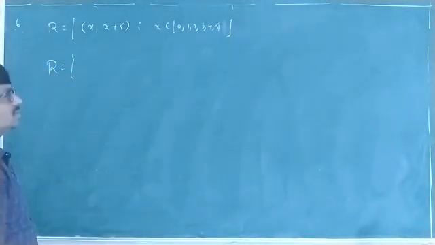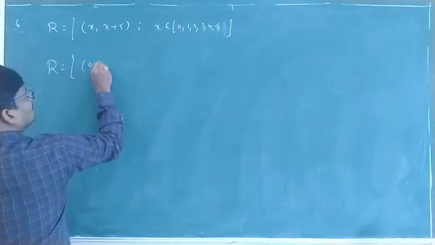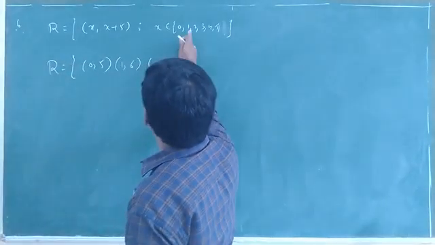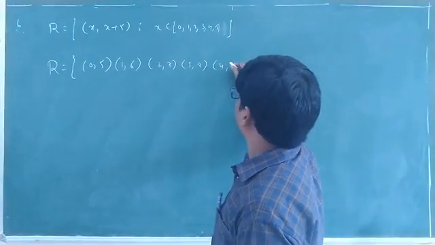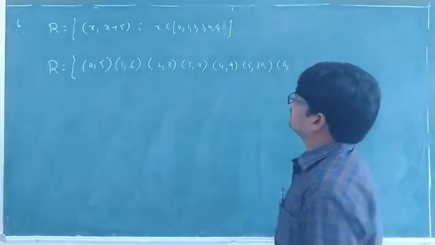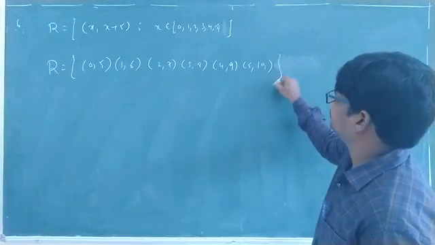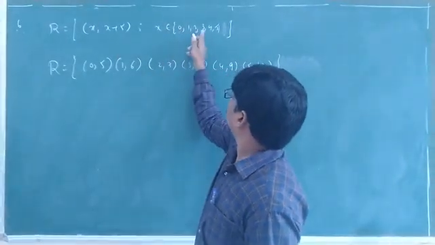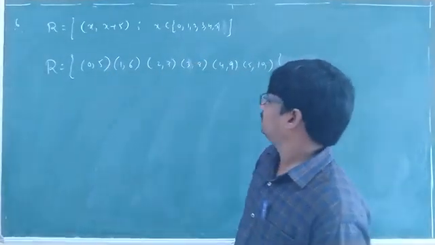So from this, what is the relation R here? The x values you have to take are 0, 1, 2, 3, 4, 5 only.